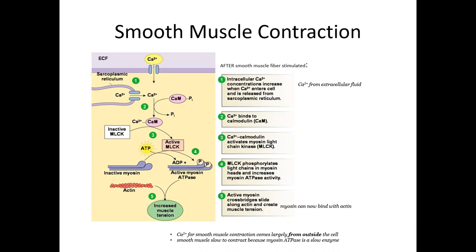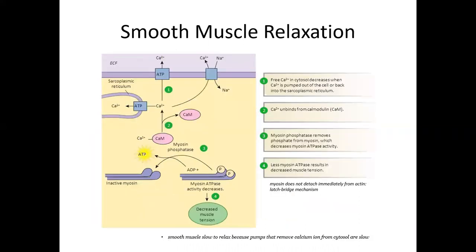Because we have a second messenger system being involved again, the smooth muscle is going to be much slower to contract than skeletal muscle, and it's going to be even slower than cardiac muscle because myosin ATPase is a very slow enzyme. All right, so that's it for smooth muscle contraction, and now we're ready for smooth muscle relaxation. And so what happens here is it breaks back down.